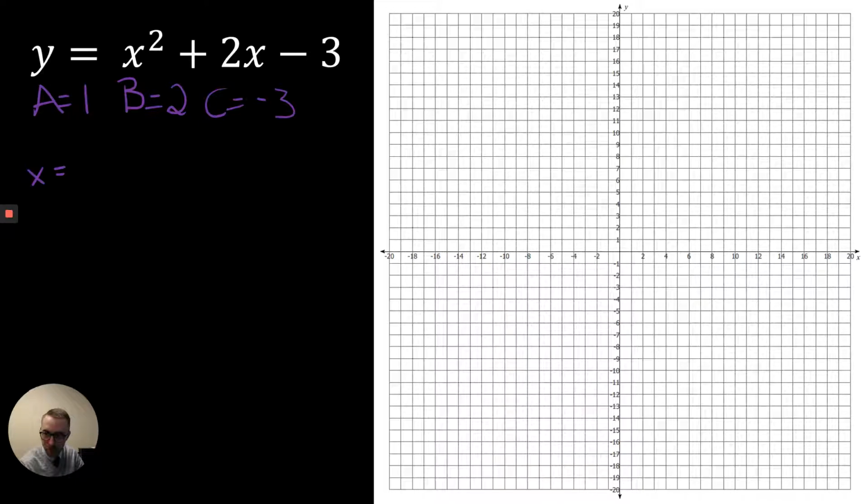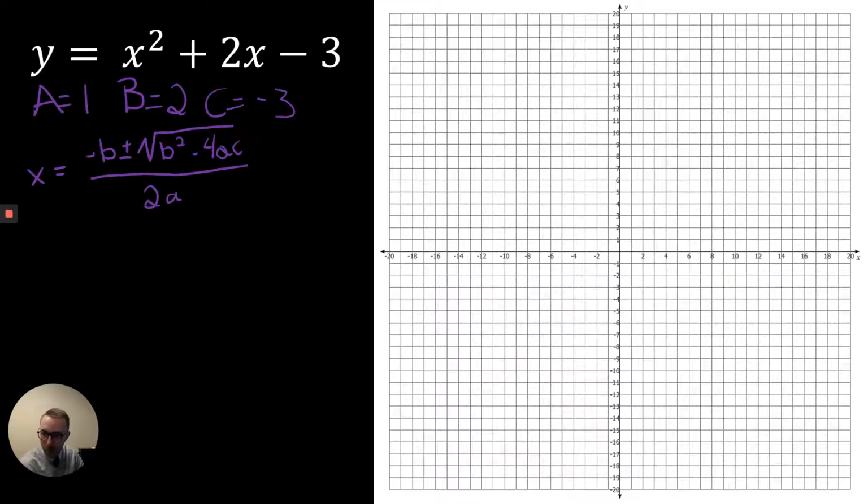X equals negative b plus or minus square root of b squared minus 4ac, all divided by 2a. So that's my whole quadratic equation.